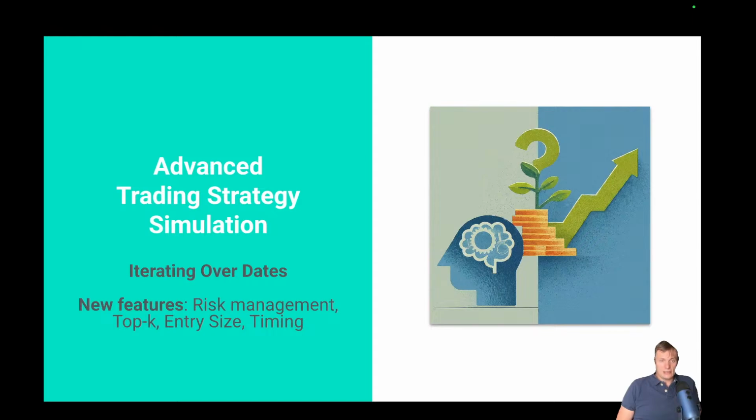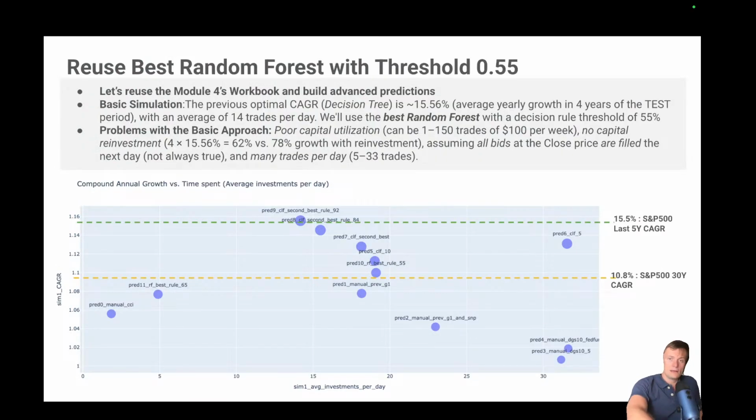Then we define a different entry size and we define a different timing. That means that sometimes we want to buy lower than the current price or buy higher if the price goes up from the moment of the prediction, and you still want to support this bullish or growing trend.